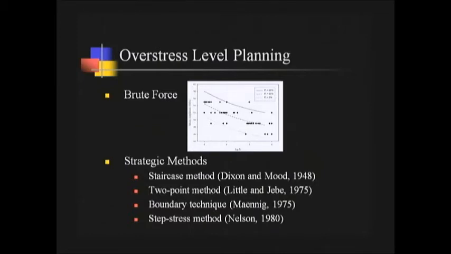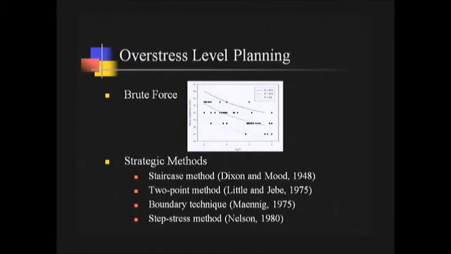We used to just have to pick levels at random and test lots of specimens at each stress level, testing hundreds of specimens for each condition. So now we have strategic methods for assigning each specimen to a different stress level to increase our statistical power and test the fewest specimens in the least time possible to get the same predictive results.